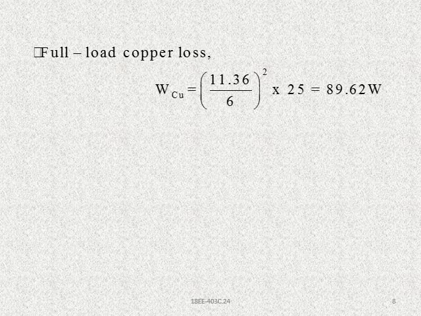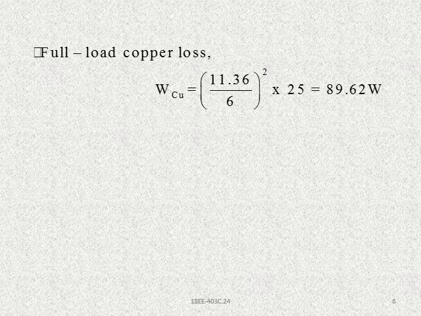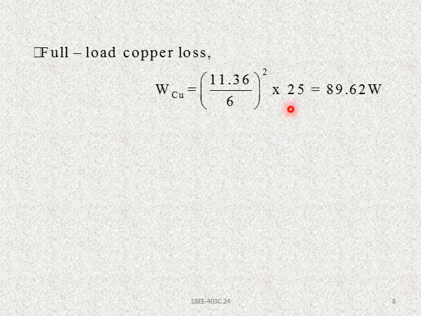The full load copper loss W C is equal to 11.36 by 6 whole square into 25. That gives us 89.62 watts.